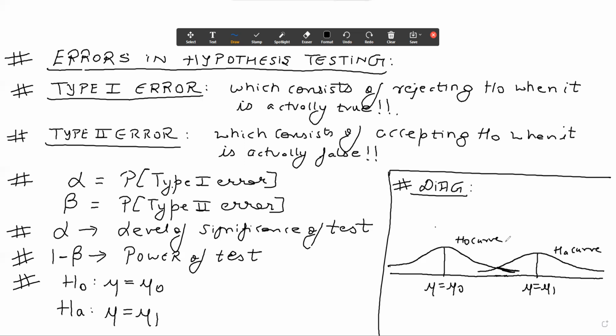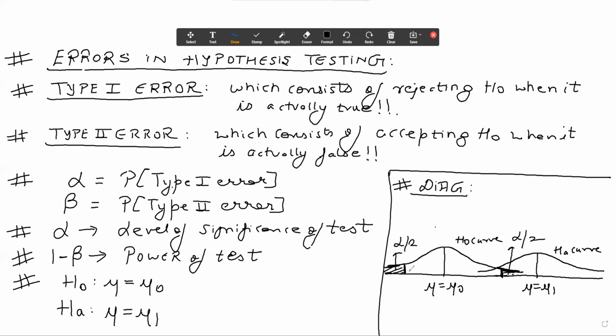Now, if you look at the H0 curve, from the interval estimation lectures, you should now know what our acceptance region is. So if you look at the critical value for the H0, the critical value will lie somewhere here. I can say that this portion is alpha by 2, and this portion is also alpha by 2.